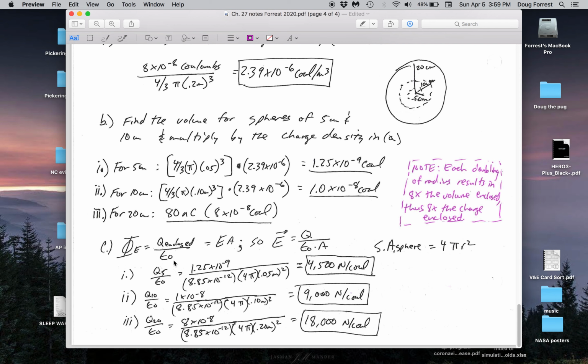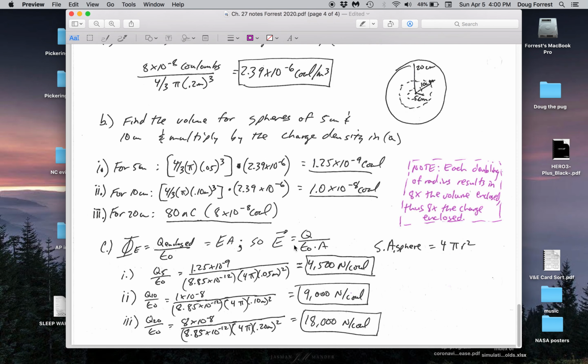So over vacuum permittivity, and since I have those charges, and that equals electric field strength times the surface area at those distances as well, I could rearrange that to solve for field strength. 4,500, 9,000, 18,000. So notice the field strength doubles as the radius doubles, even though the charge is increasing basically by a factor of 8.